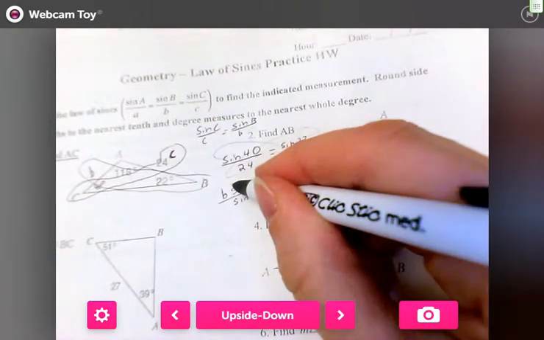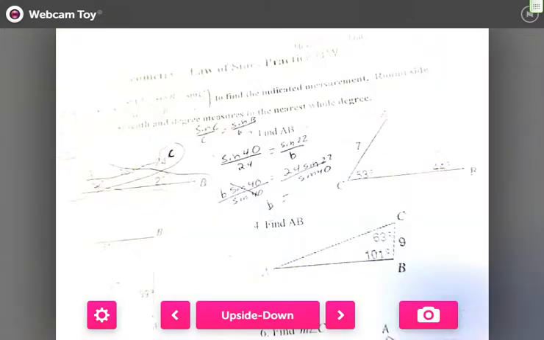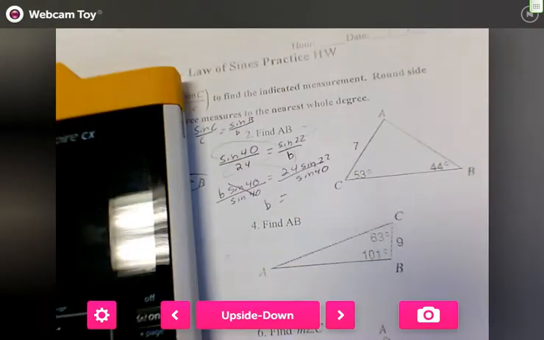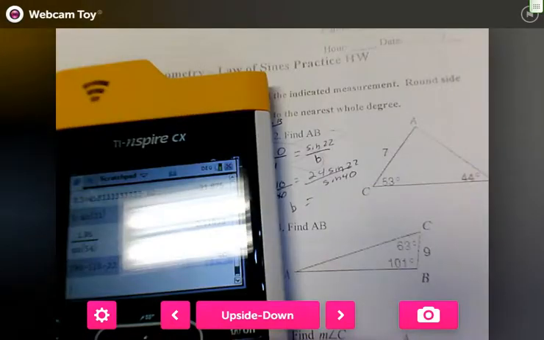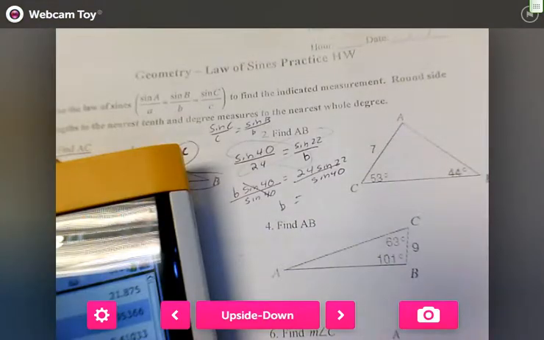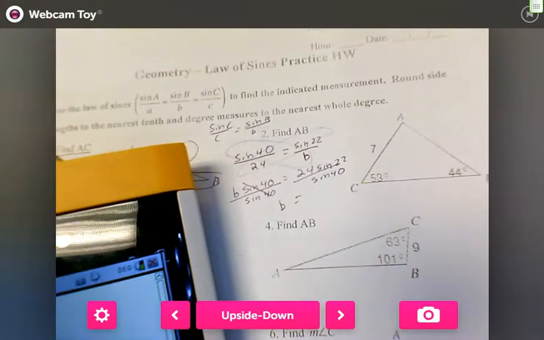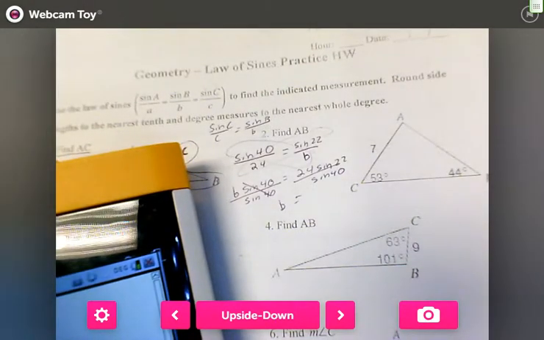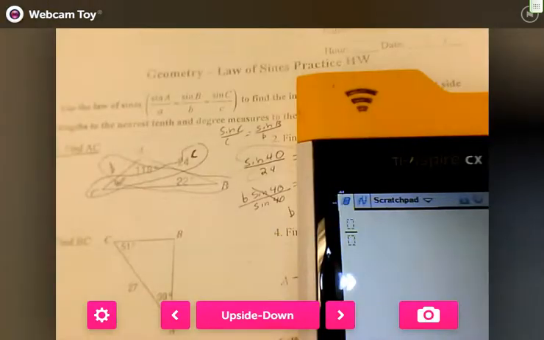And I'm just going to stick this in my calculator exactly like that. So I'm taking out my calculator and I'm putting in, I like to make the little division sign in there.